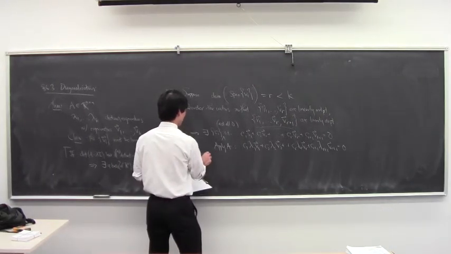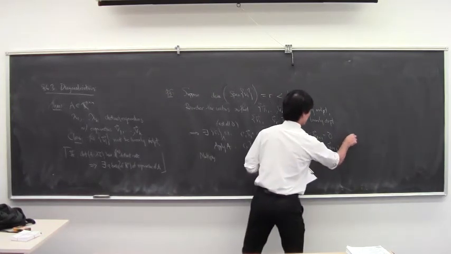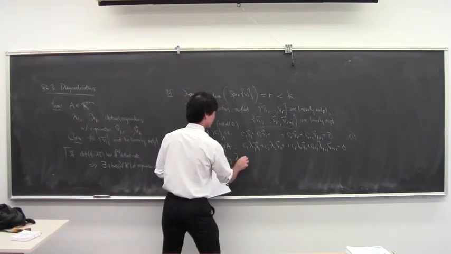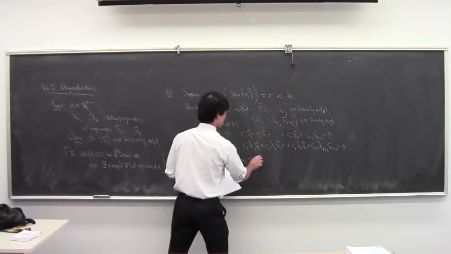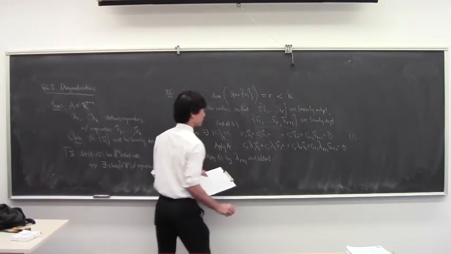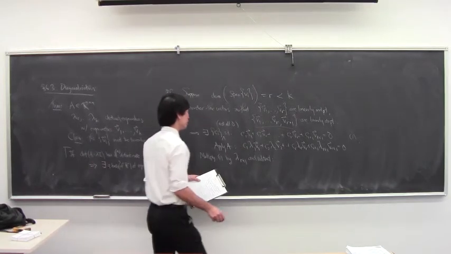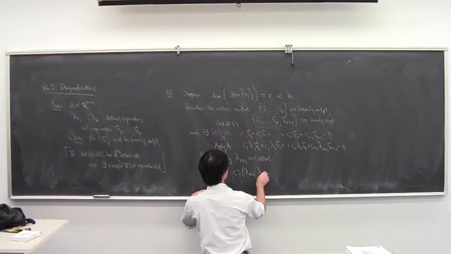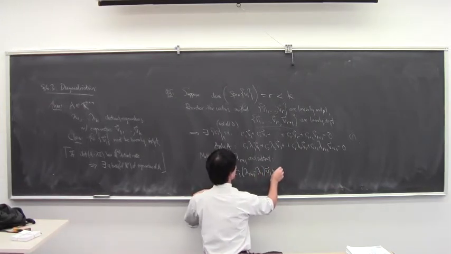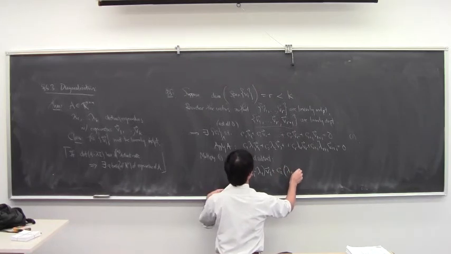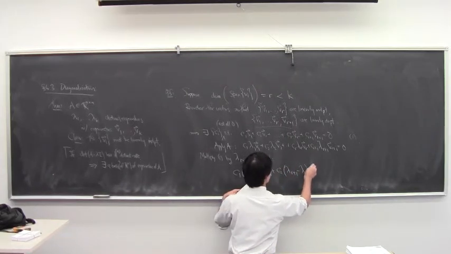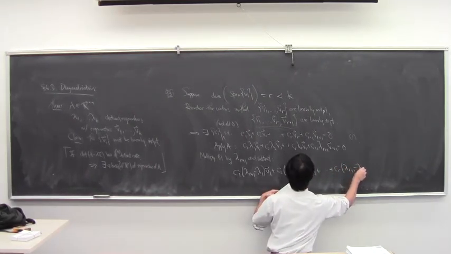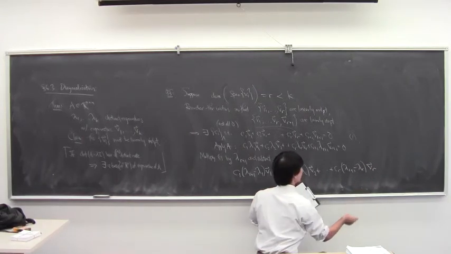Multiply the top equation, call it equation 1, by lambda(r+1) and subtract. We get c1 (lambda(r+1) minus lambda1) v1 plus c2 (lambda(r+1) minus lambda2) v2 plus ... plus cr (lambda(r+1) minus lambda_r) vr plus 0 equals 0.